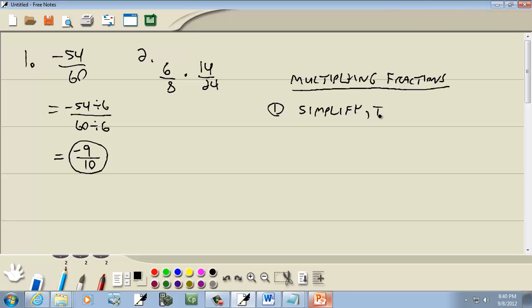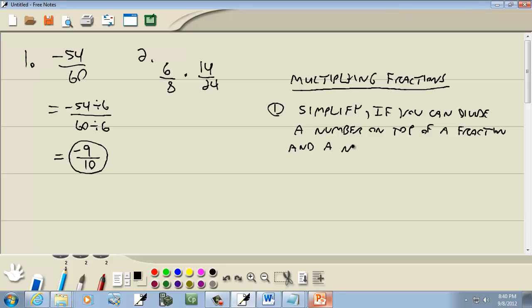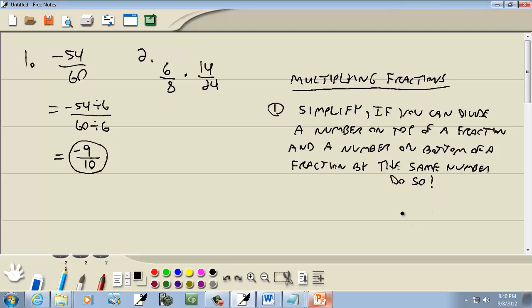And it says if you can divide a number on top of a fraction and a number on the bottom of a fraction by the same number, do so.